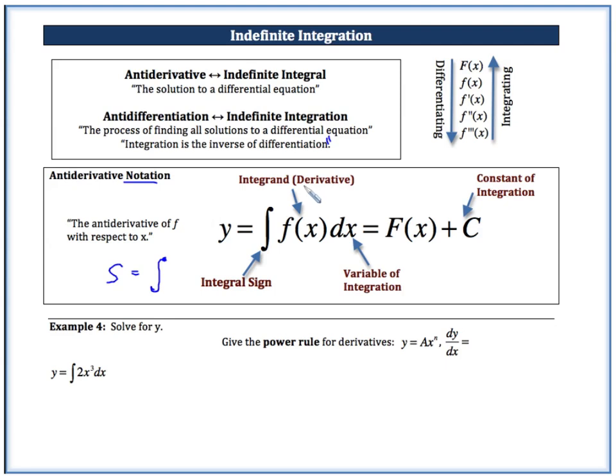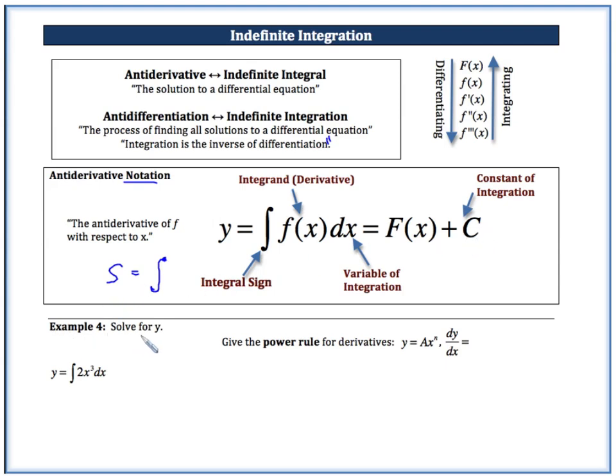And this is basically the derivative that we're trying to find the antiderivative of. The dx here is the variable of integration. So this is read as the antiderivative of f with respect to x, or the integral of f of x with respect to x. Now we're going to say that this equals capital F of x plus c, and that c is your constant of integration, and that's always just going to be plus c.